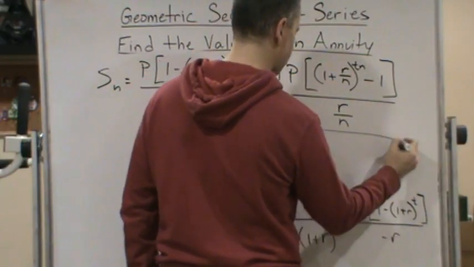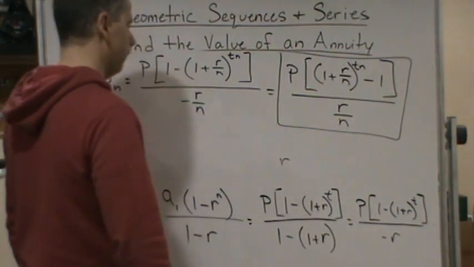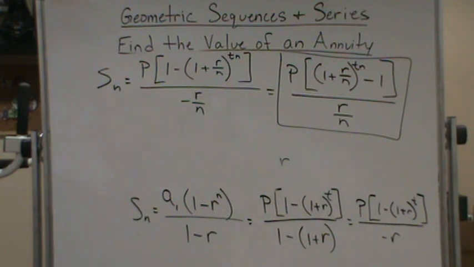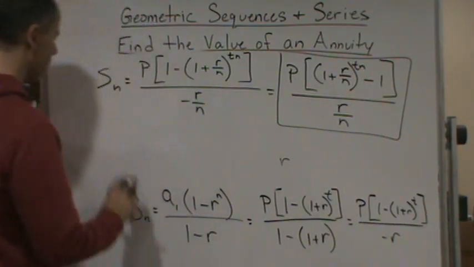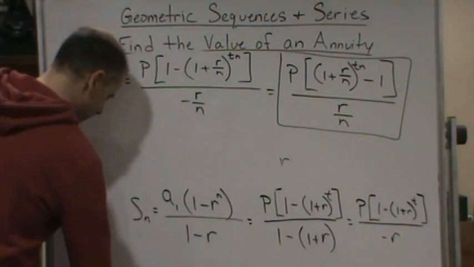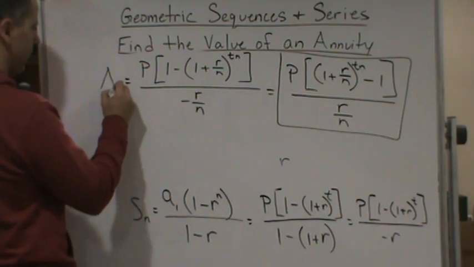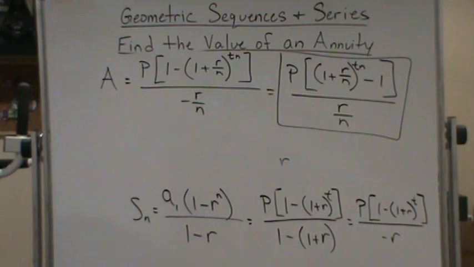And so this becomes our formula for finding the future value, right? The future value, which means this is not just a partial sum, but this is the future value of the annuity.